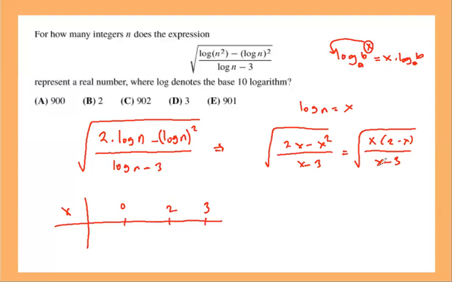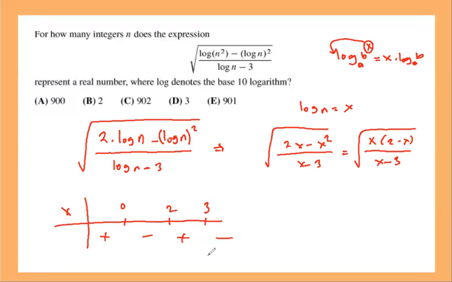These are the zeros of the numerator and denominator. If you choose anything smaller than 0, x is going to be negative, and 2 minus a number that is less than 0 will be positive. The denominator is going to be negative. If you divide two negatives, you'll get a positive. So this will be positive, then negative, then positive, and then negative.